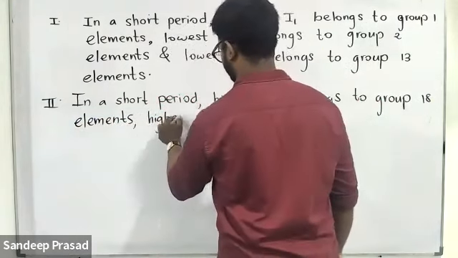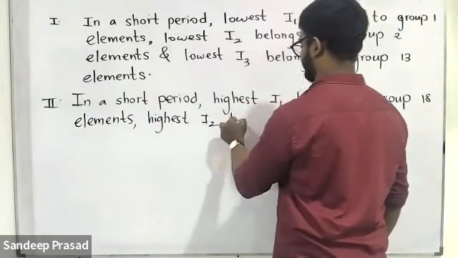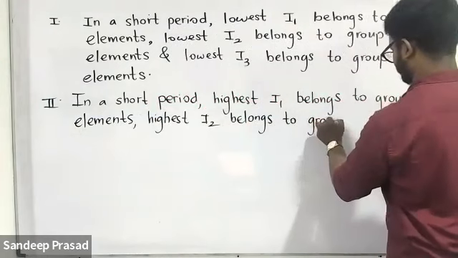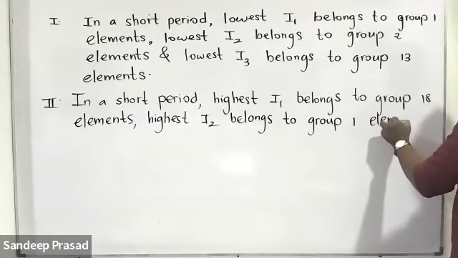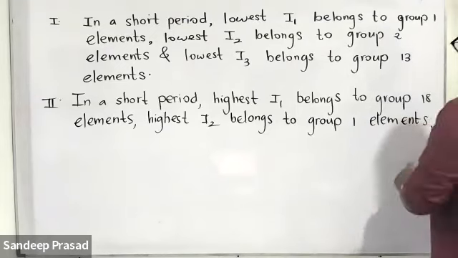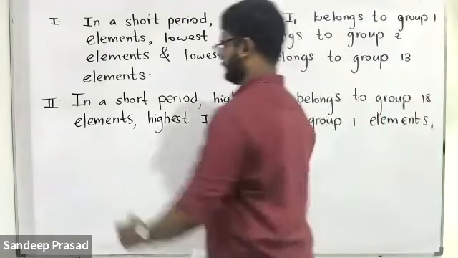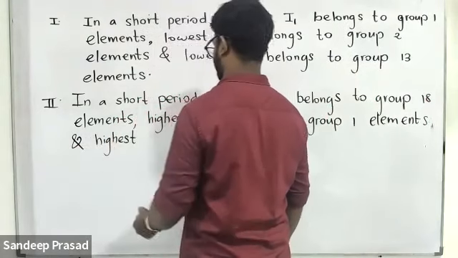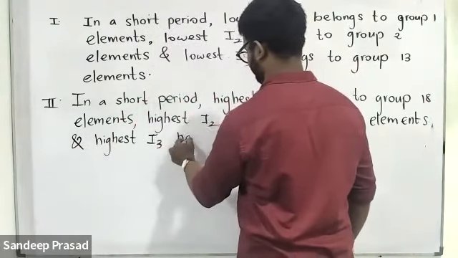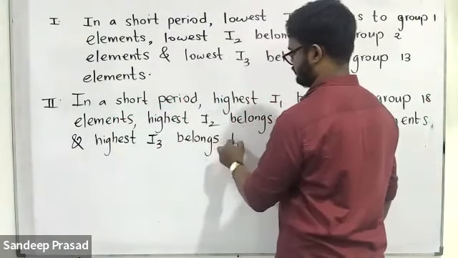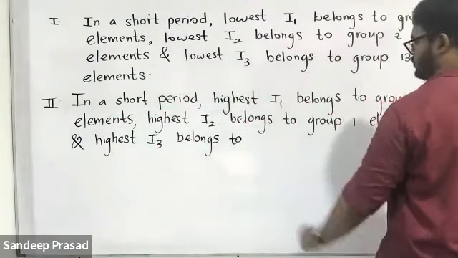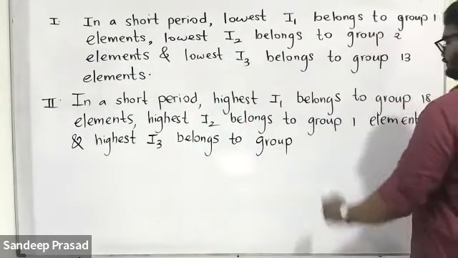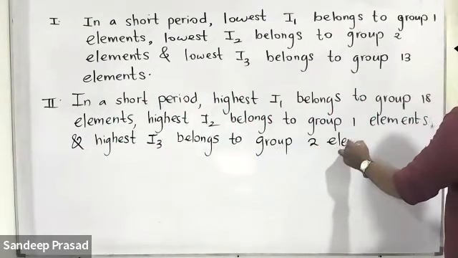The highest second ionization energy belongs to group 1 elements. And the highest third ionization energy belongs to group 2 elements.